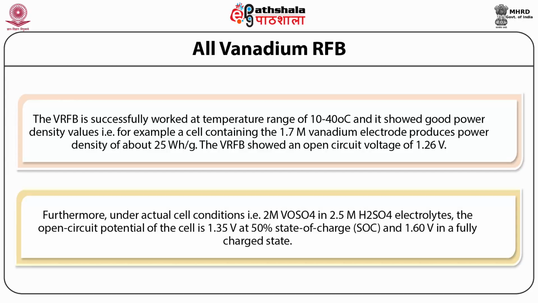Furthermore, under actual cell conditions, that is 2 molar VOSO4 in 2.5 molar H2SO4 electrolytes, the open circuit potential of the cell is 1.35 volts at 50% state of charge (SOC) and 1.6 volts in a fully charged state.